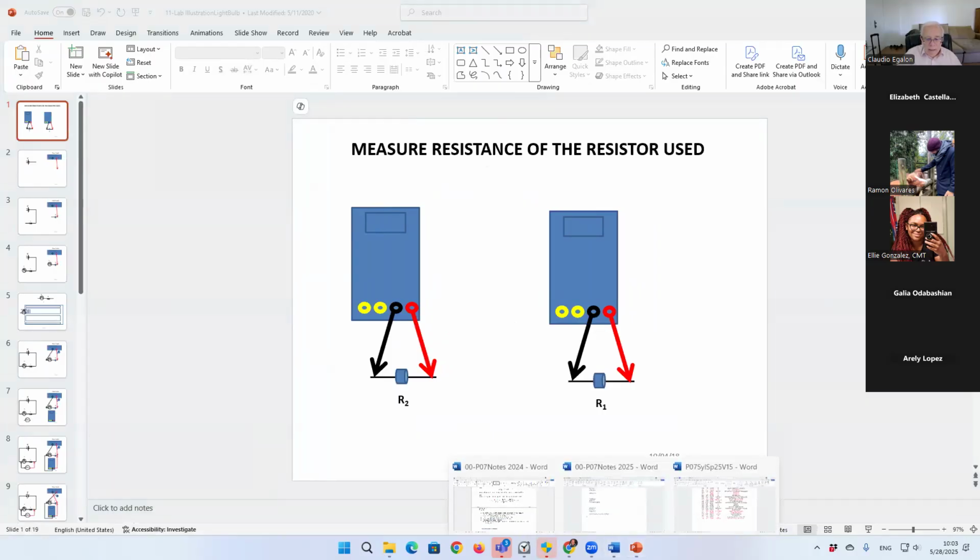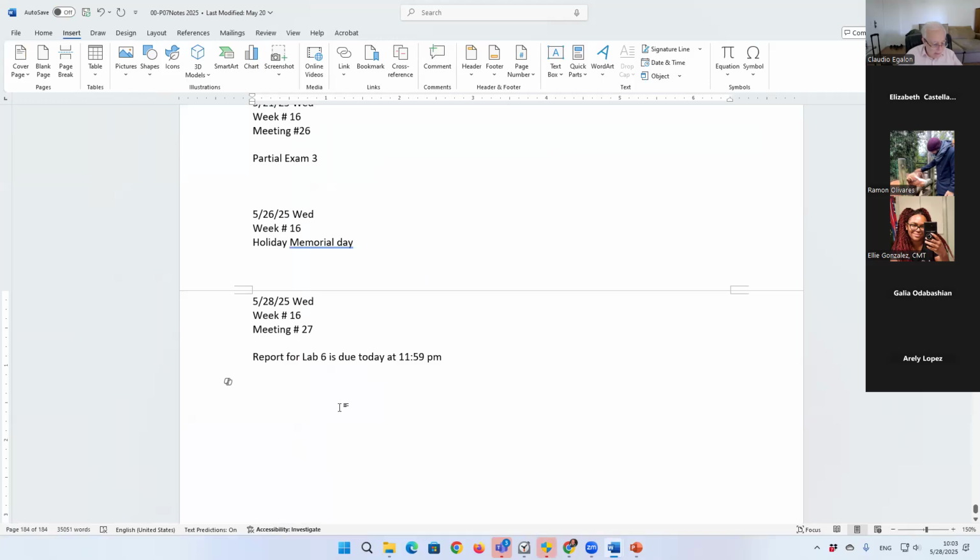And let's get the notes here on the screen. Lab 7.